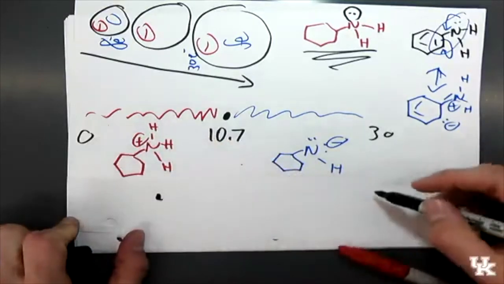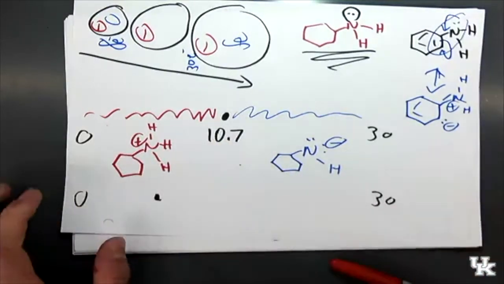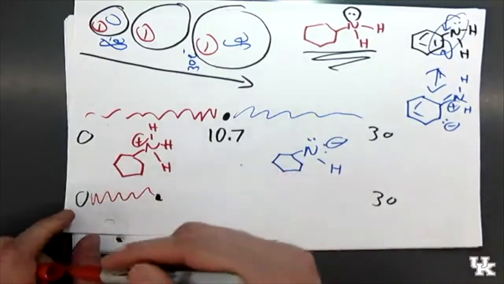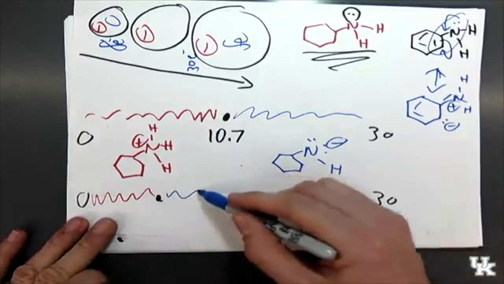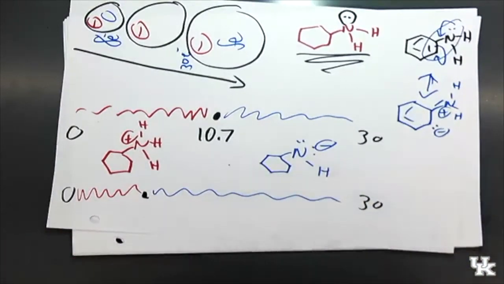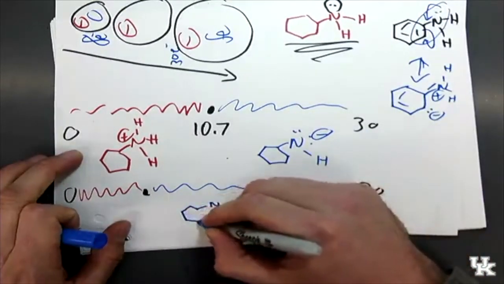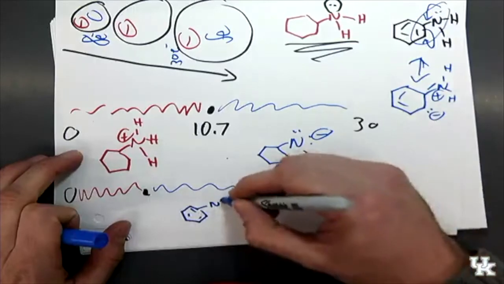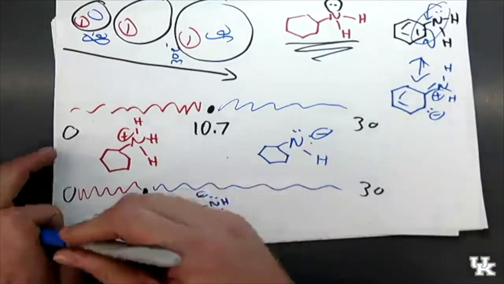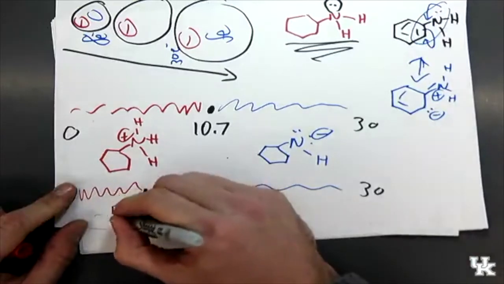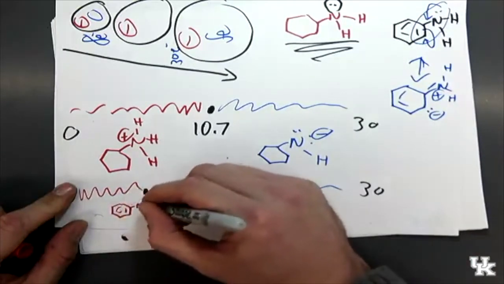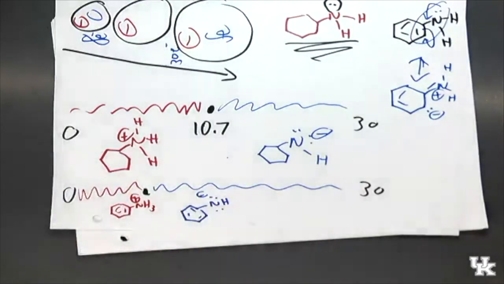It's 0, 30 again, because now at a lower pH, that's when you are only able to generate that acid form.